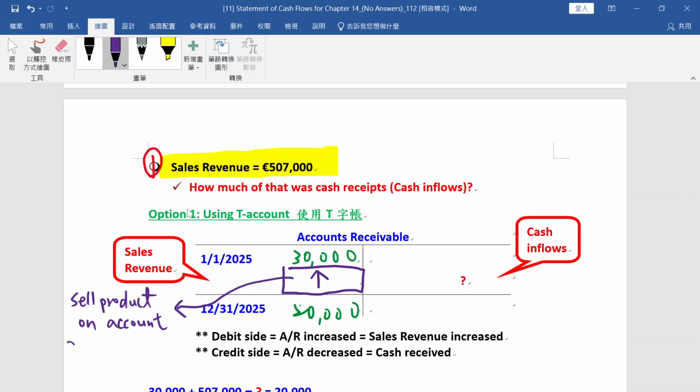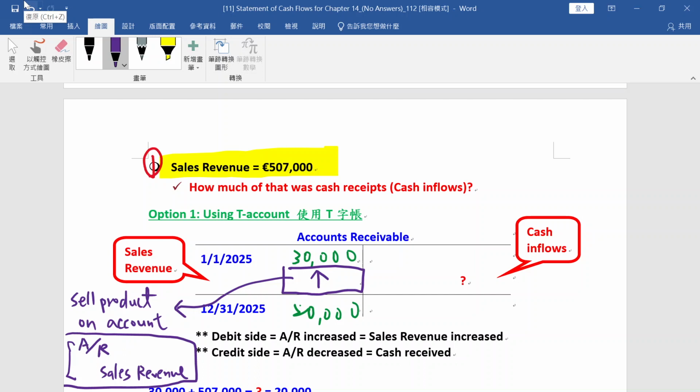So what's a debit? What's a credit? Debit, accounts receivable. Credit, sales revenue. Okay. So what's the reason when your accounts receivable increase? When you sell the product on the account, on credit.